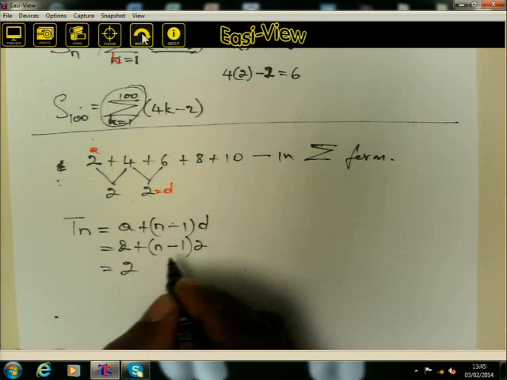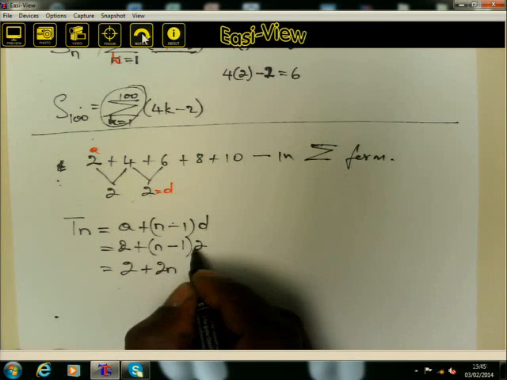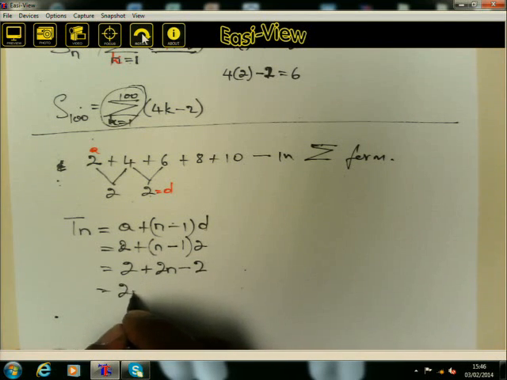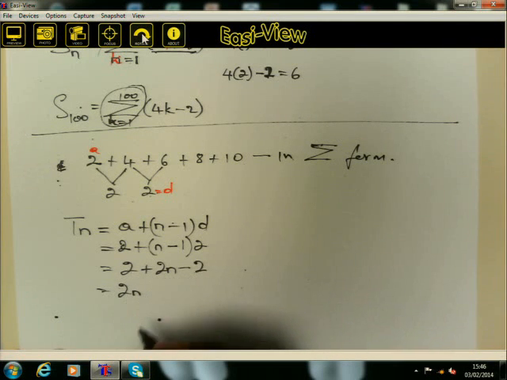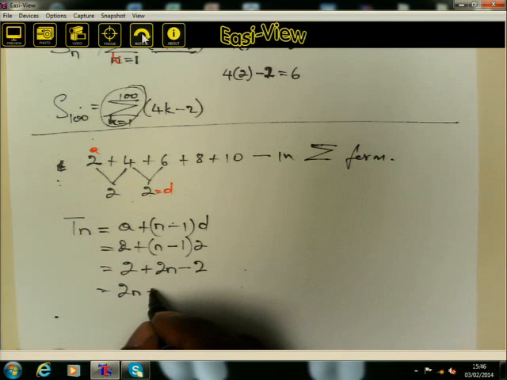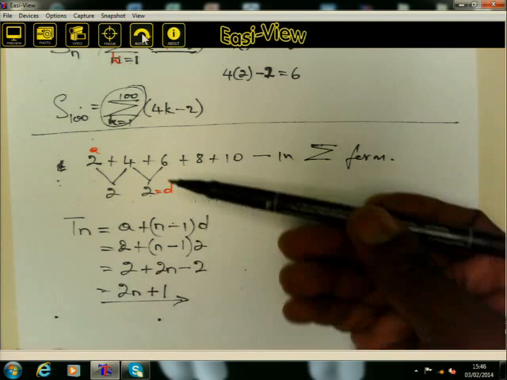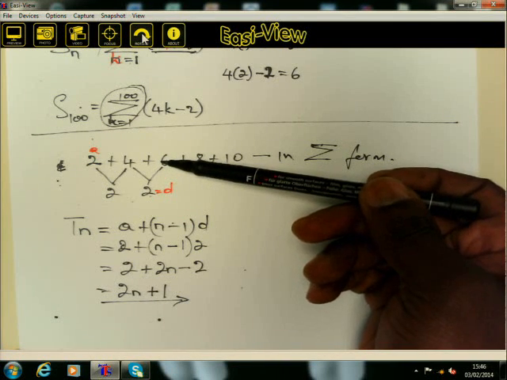We end up with 2n, plus 2 minus 2, so 2n, 2 minus 2 is... this is the general term, or the nth term of this particular series.